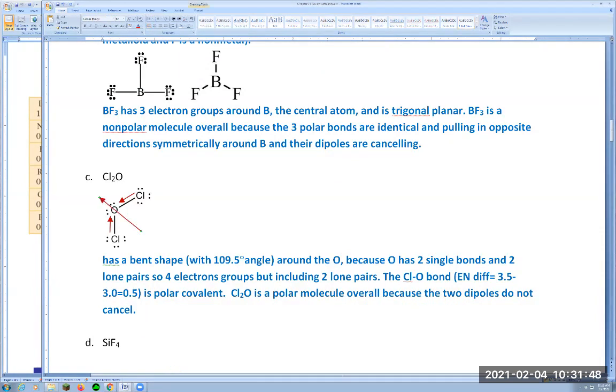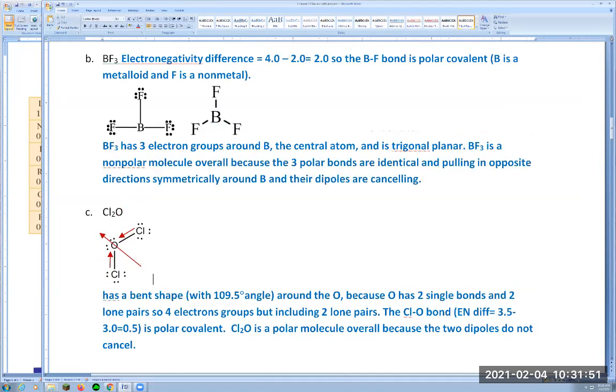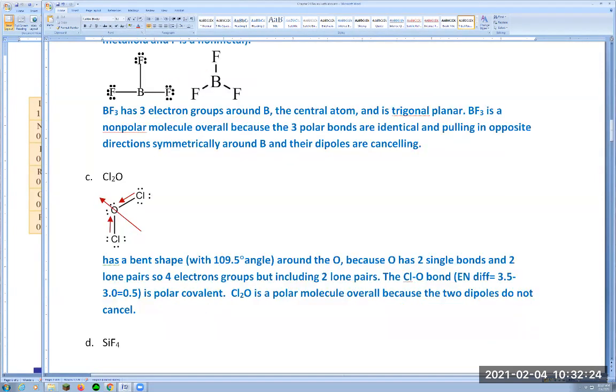And it's actually going to be overall dipole like the arrow I just brought in. And so it's a polar molecule overall because the 2 dipoles do not cancel because of the fact that the shape is bent. So they will add up into a larger net dipole that goes from between the chlorines up towards the oxygen, because the oxygen is the most electronegative element of the 2. So Cl2O is polar.